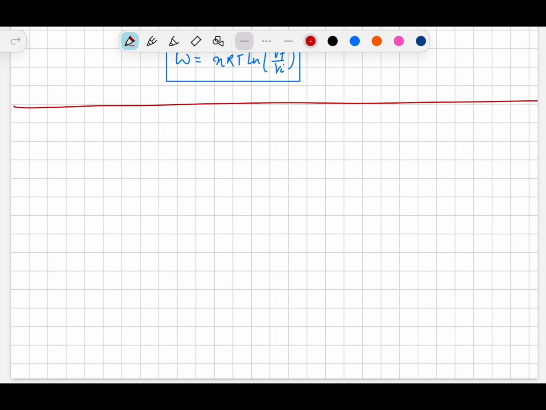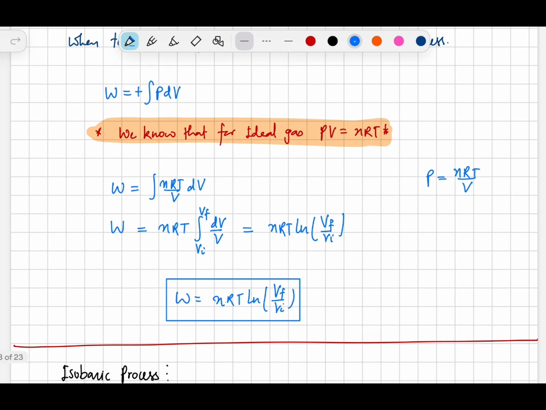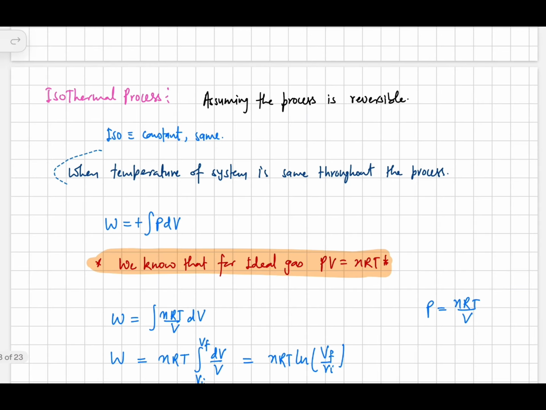So this was one kind of process. Okay, the next process is the isobaric process, and of course you know the meaning of bar, it is the unit of pressure. So if the pressure is constant during the process, then such processes are called isobaric processes.